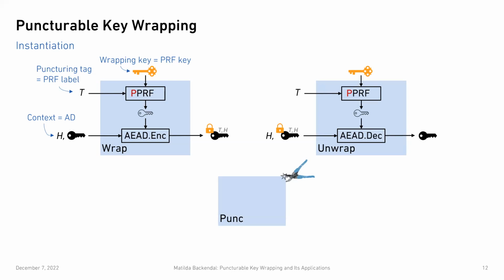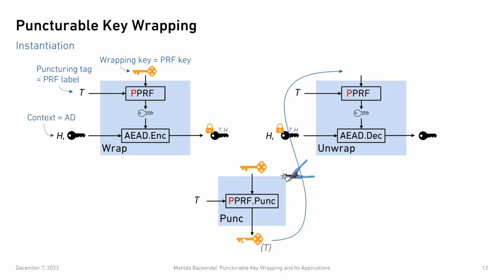And a PPRF has exactly what we need, namely a puncturing algorithm, which on input the PRF key and the label outputs a punctured PPRF key, which can no longer be used to evaluate this label. So again, now if we try to use this punctured PPRF key in the unwrapping algorithm to evaluate the punctured tag, the evaluation will fail and we won't get the AEAD key, which we need to decrypt. So unwrapping will also fail.